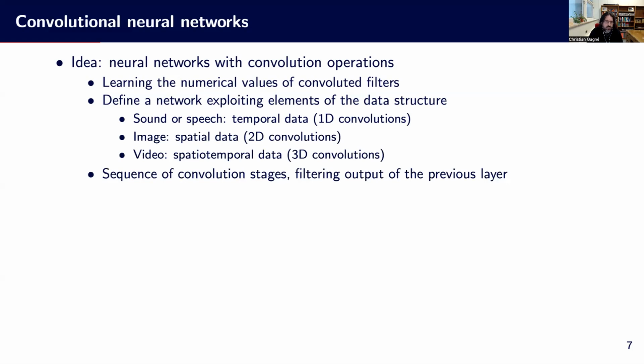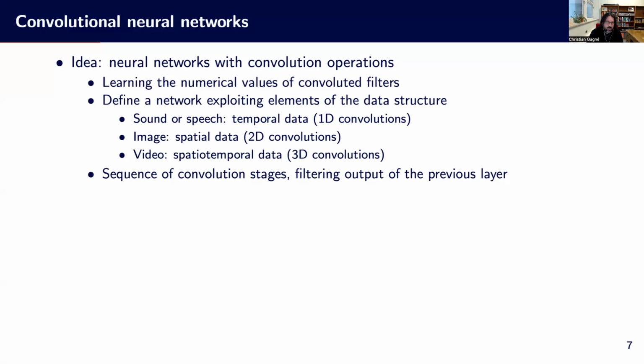The point is that with such networks, we have, in fact, a sequence of convolution stages where we apply convolutions, with several filters applied in parallel on the current image. And we are filtering the output because these convolution operations tend to produce a big output, in fact much bigger than the input with many filters.